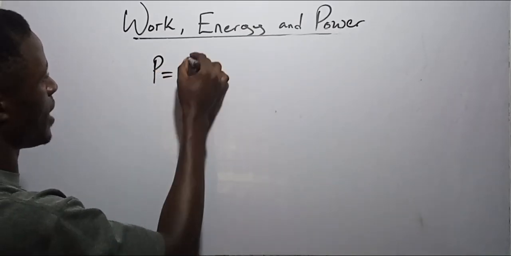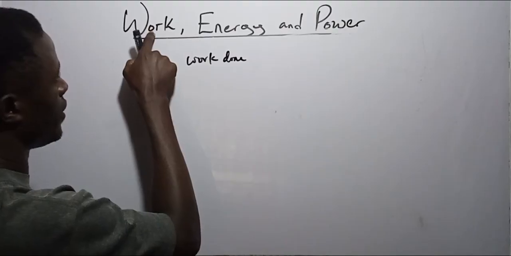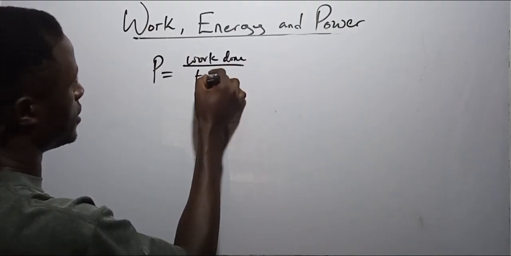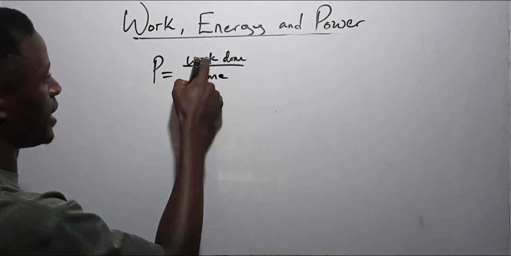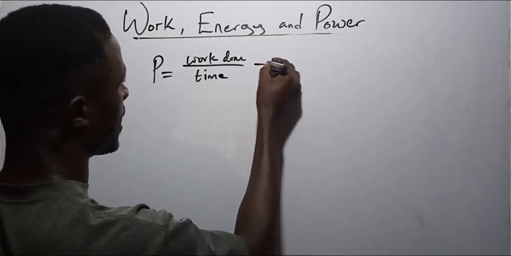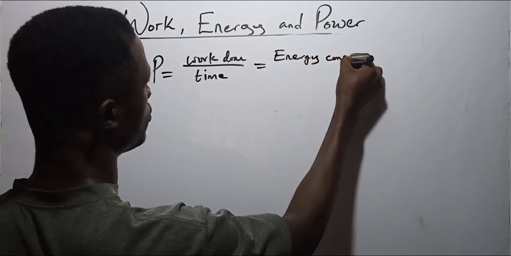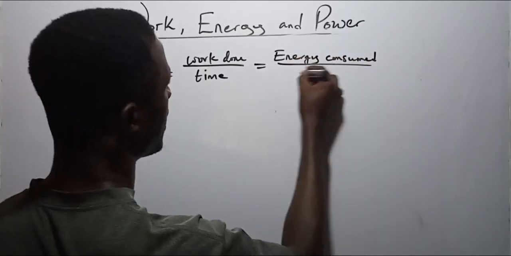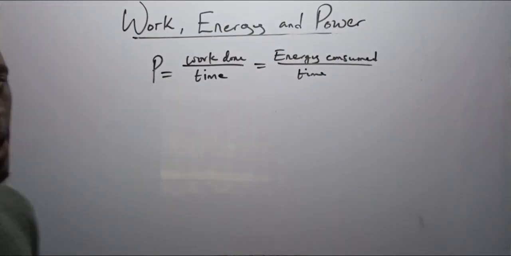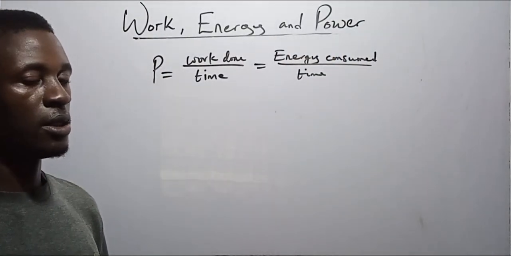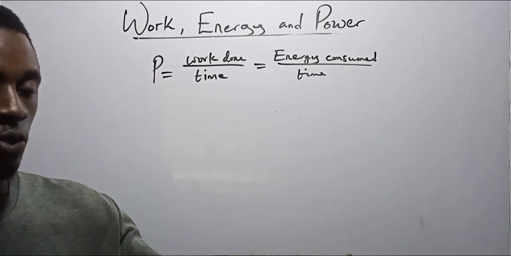What is power? Power is defined as the work done over the time it takes to perform that work. Power can also be defined as energy consumed over time. Power is the amount of work you did and the amount of time it took you to do it.